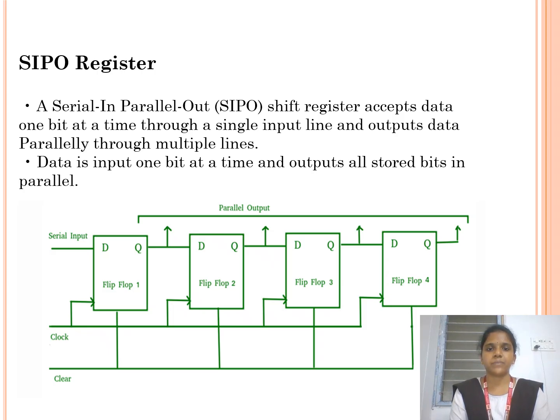This is the logic diagram representation of the SIPO register using D flip-flops. The clock pulse is given commonly to every flip-flop, and clear is also given to each flip-flop. As the input is given serially, the output is obtained in every flip-flop in parallel.